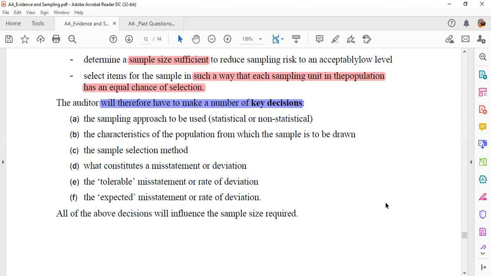Sampling method can be divided into two: statistical and non-statistical sampling. Under statistical sampling, we use probability theory. Under non-statistical, we do not use probability theory. And under statistical sampling, we have three types of sampling. We have what we call random sampling.